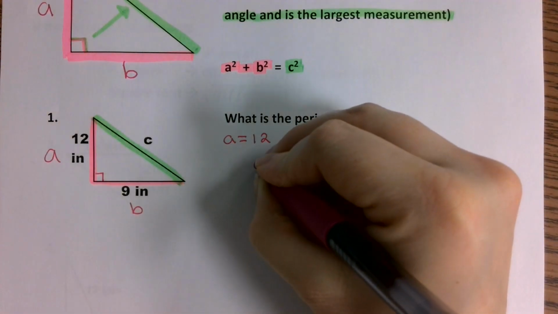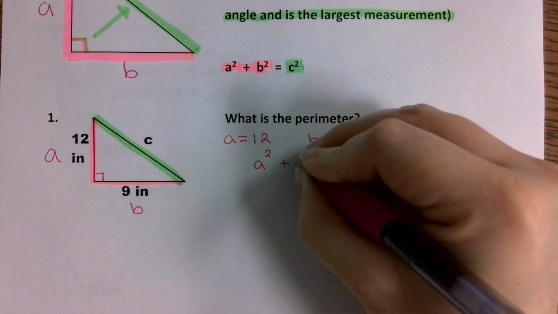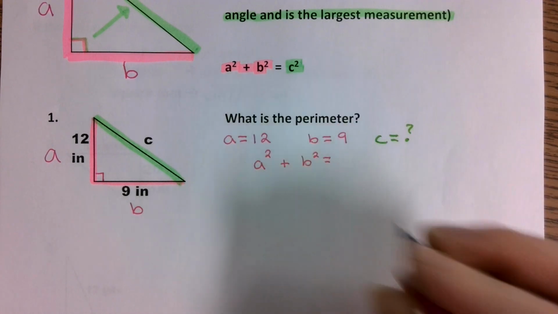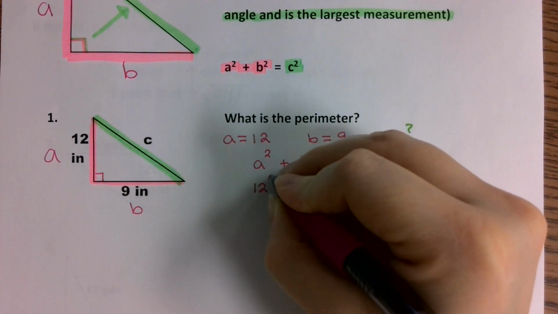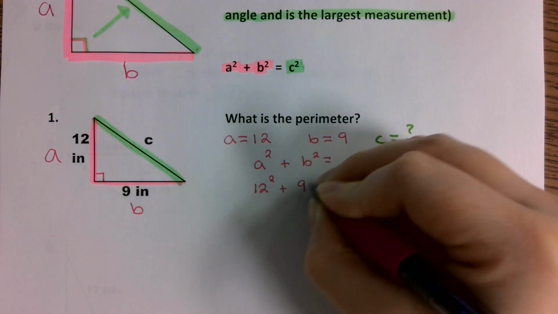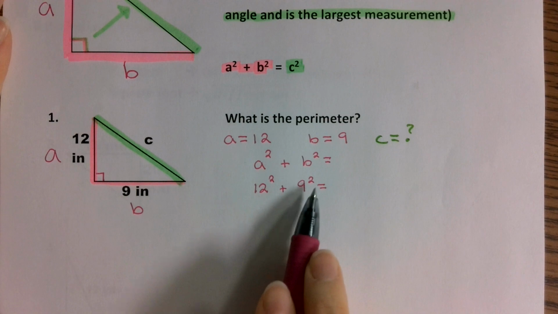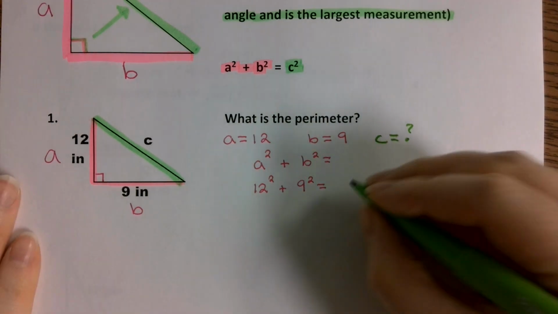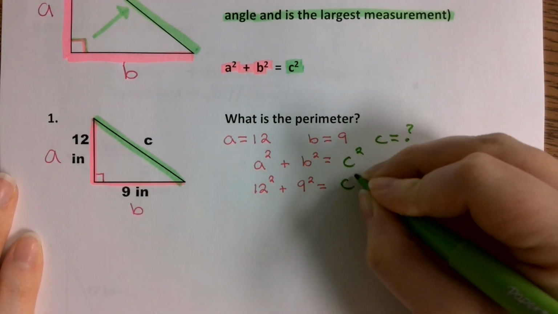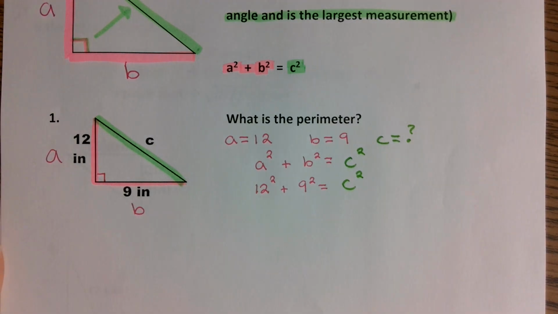When I plug it into my formula of A squared plus B squared, that means I need to do 12 squared plus 9 squared, and that is set equal to C squared, which we don't know, so we just leave it as C squared.